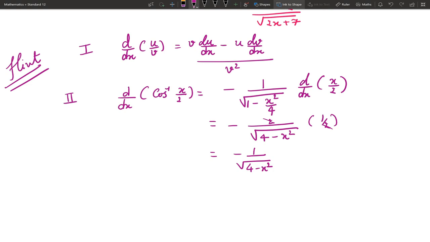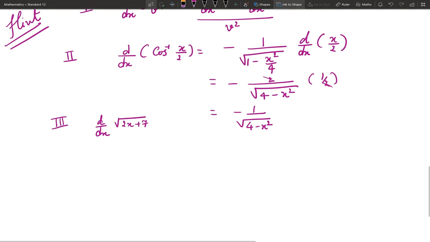So second result you have to use this one, and third one independently I explain how to differentiate numerator and denominator. Then simply you have to put value in the division formula, d by dx of u by v. Third one, d by dx of root 2x plus 7. So actually this is nothing but power is 2x plus 7 raised to 1 half.